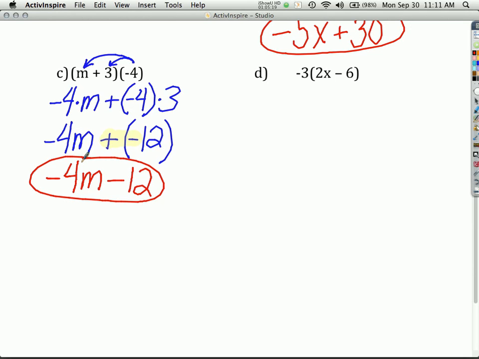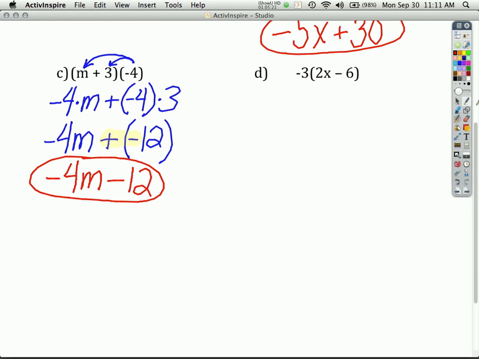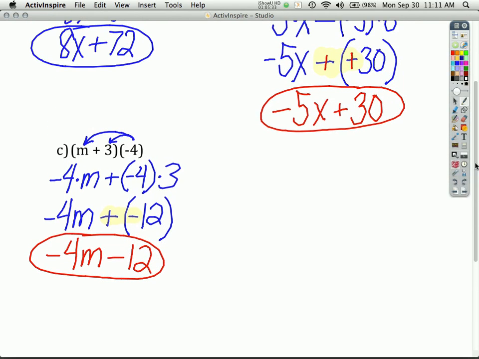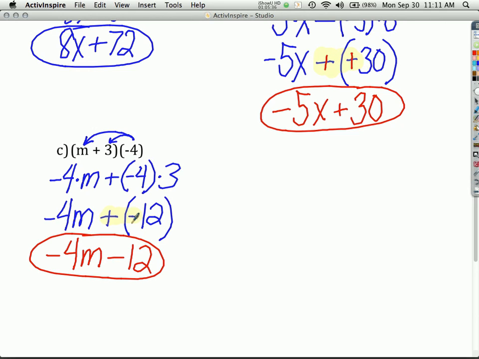Now, you're going to have a checkpoint in a minute. We're actually not going to do part D. And my big concern is whether or not you can do the distributive property. So if you get this answer or you get this answer, that means you're doing pretty well. But I do need you to start understanding how to get from here to here and how to get from here to here.